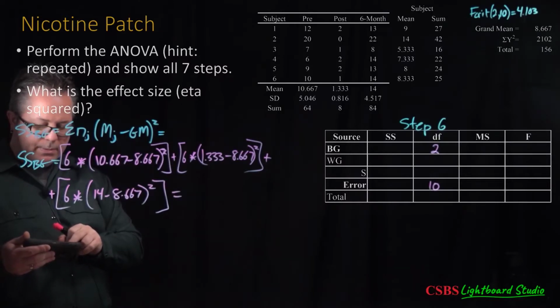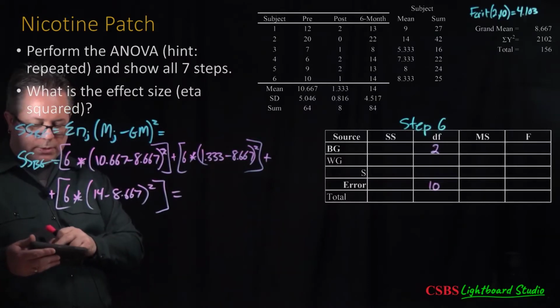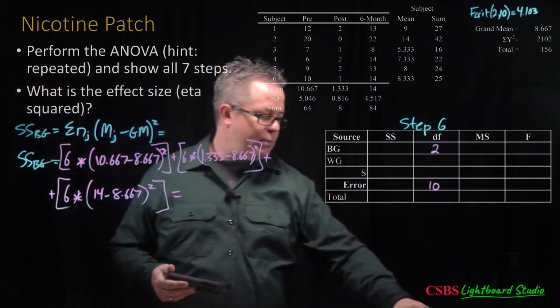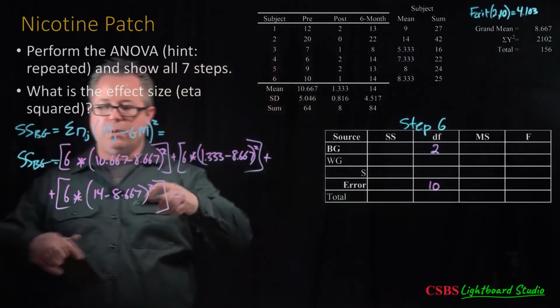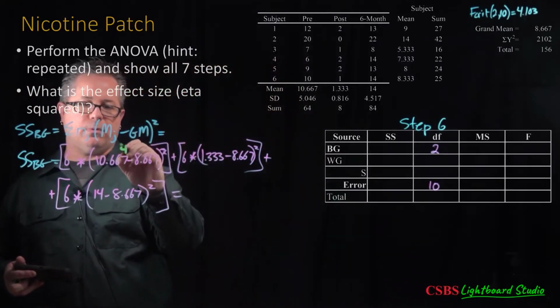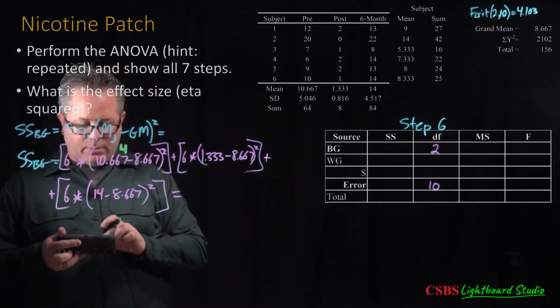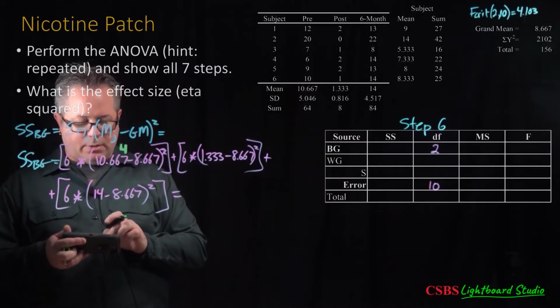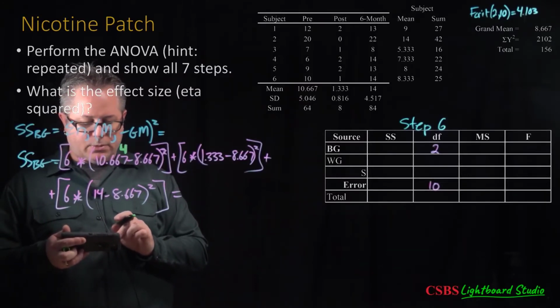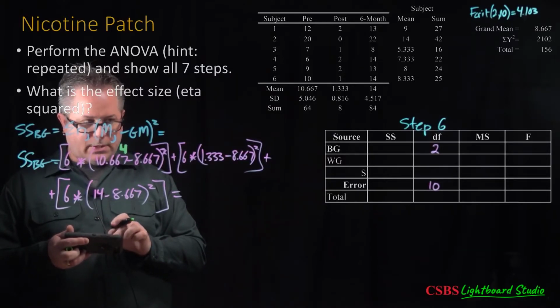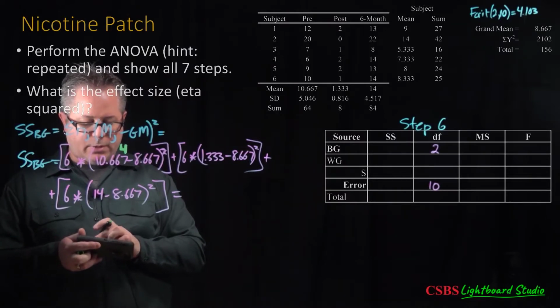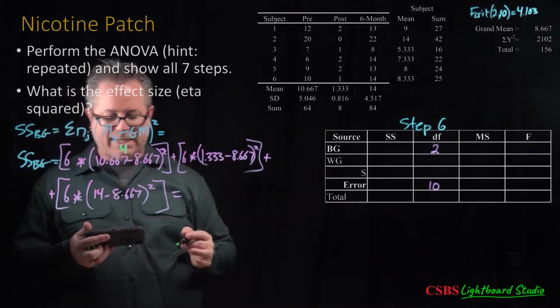10.667 minus 8.667 is 2. 2 squared is 4. So this part is 4. Then 1.333 minus 8.667 equals negative 7.334. Squared is 53.788.